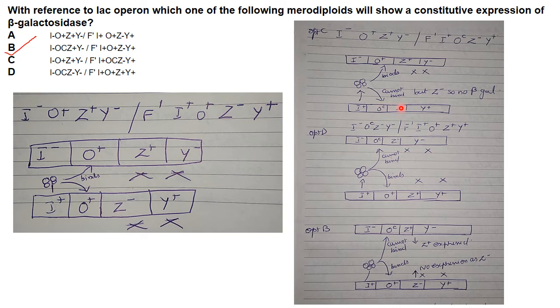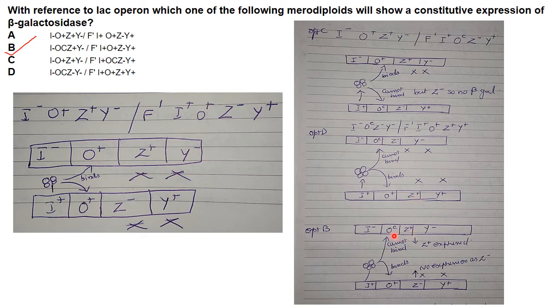So beta-galactosidase will not be synthesized. Now if you see option D, then also you have got operator constitutive as well as repressor. The other half is having the repressor, whereas here the first half is not having the repressor production. But this repressor can bind to the operator sequence O plus but not to OC mutation. But here also it is Z minus, so beta-galactosidase will not be produced. And here since the repressor binds to the operator, structural genes will not be synthesized.